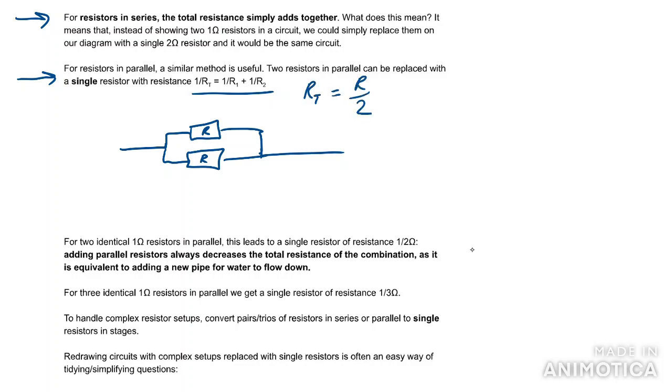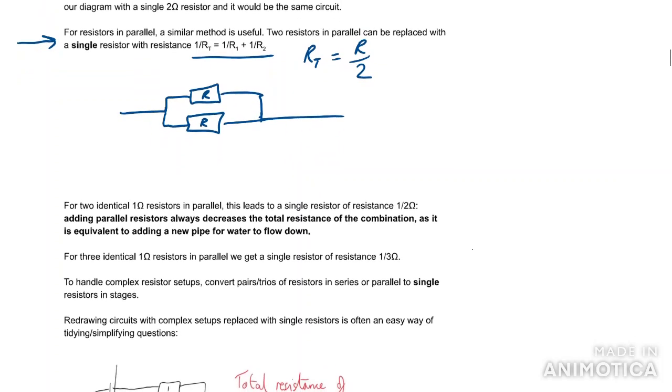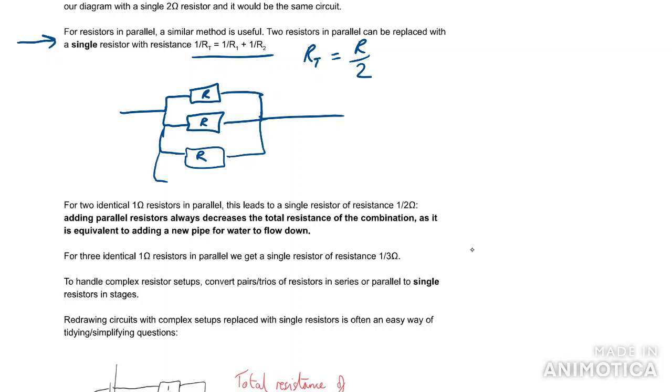So it should make sense that the total resistance has fallen because you've got two paths, each of resistance R. In terms of our analogy, it's easier for water to flow down overall than if there were just one resistor. And the general form for N resistors in parallel like this, if they are all the same resistance, just as a quick shortcut to know, is R over N.